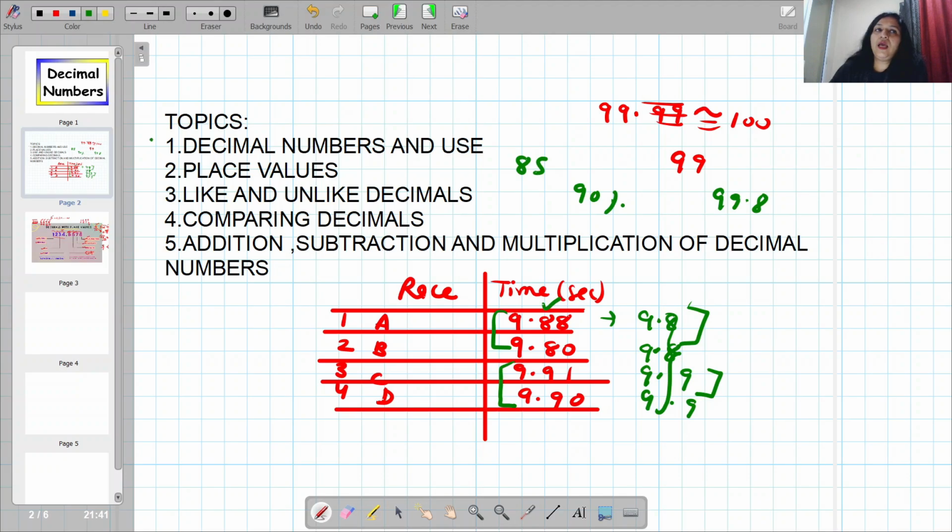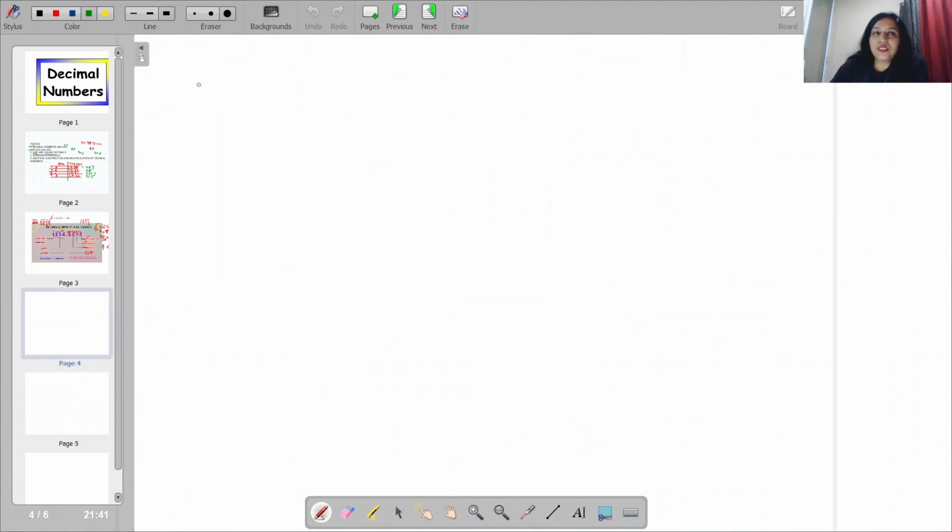So we have seen decimal numbers, their uses, and their place values. Now coming to the topic, what are like and unlike decimals? Now consider these numbers: 2.36 and 4.829.